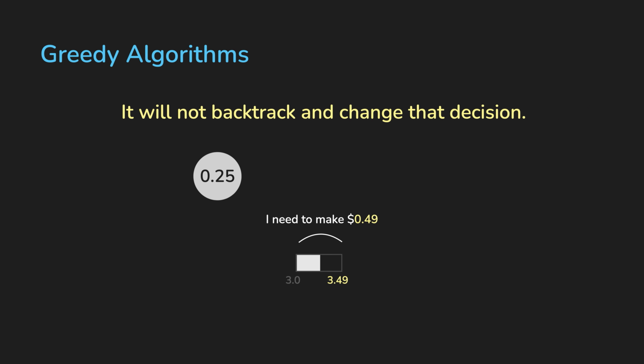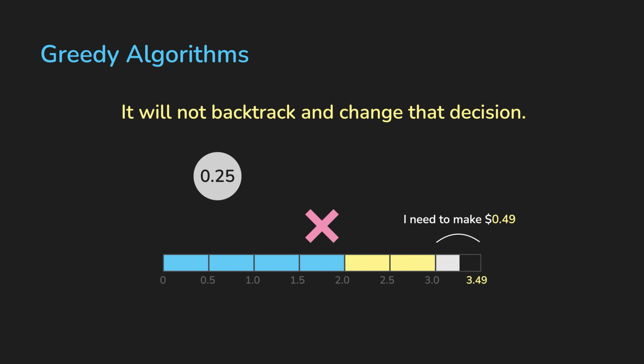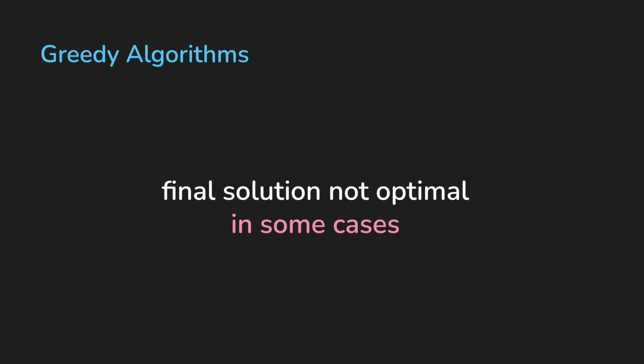So then, once we've made that decision, we never look back and change the configurations of our coin. We just continue forward, choosing our coins and reducing the amount we need to make change for. You will see that this might cause our final solution to not be the optimal solution in some cases.